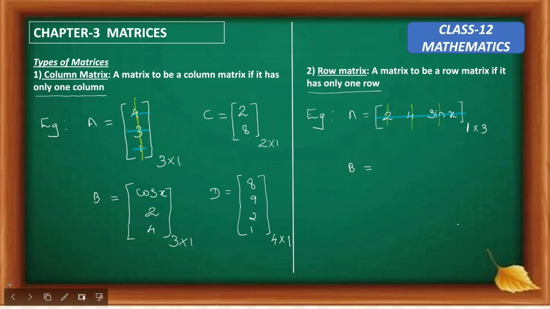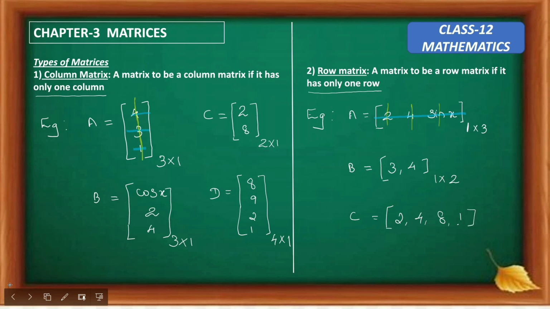Again one more example we can see. 3, 4. In here the number of rows is only 1 and the number of columns is 1, 2. The order of this matrix is 1 by 2. Then this is also an example of a row matrix. Then 2, 4, 8, 1.